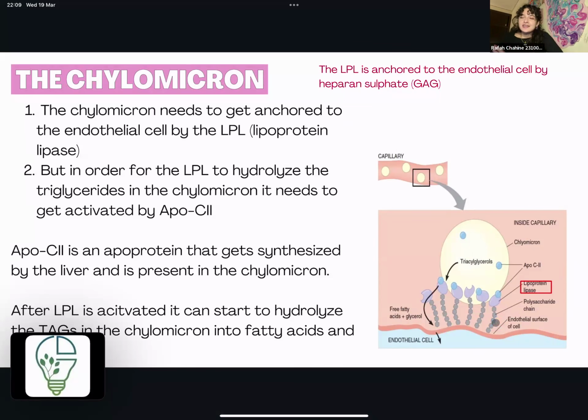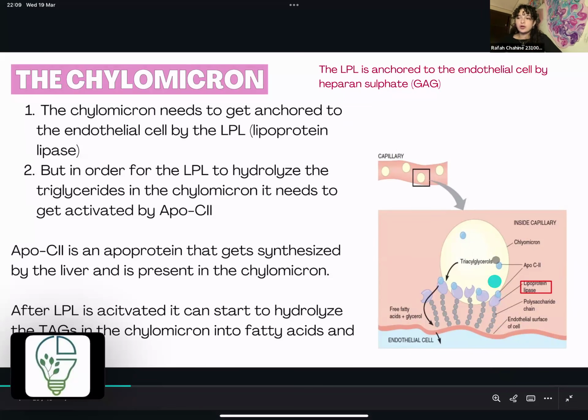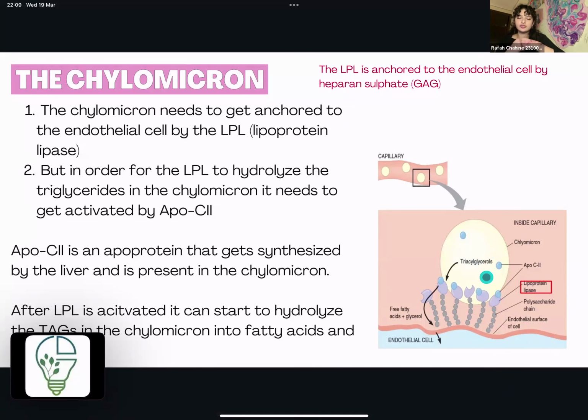Okay. Now, in order for this lipoprotein lipase to actually begin the hydrolysis of this chylomicron to give me the triglycerides, it needs to be activated by this protein called ApoC2. ApoC2 is an apoprotein that gets synthesized in the liver and is presented to the chylomicrons, and it can also be present in VLDLs. I know that all the time, lipoproteins contain their own apoproteins because they naturally have them.